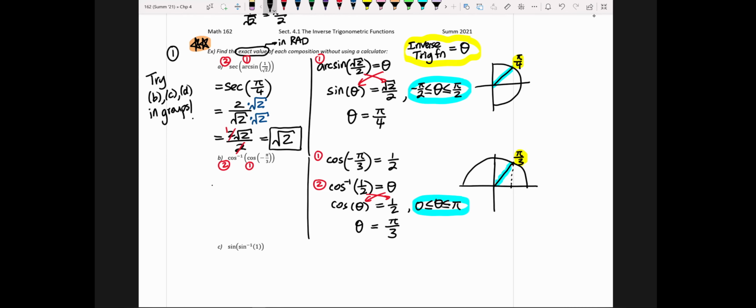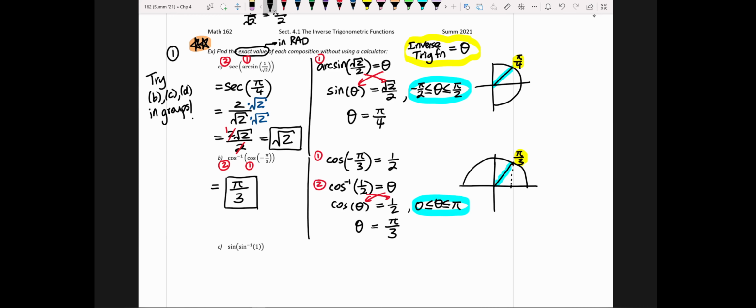So notice here that because negative pi over 3 is not in the range for inverse cosine, when you did the inverse function composed with a function, you didn't end up with the input. You can't just cross that out because they have different domain and range.